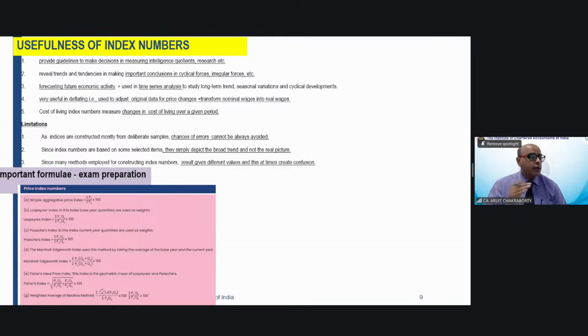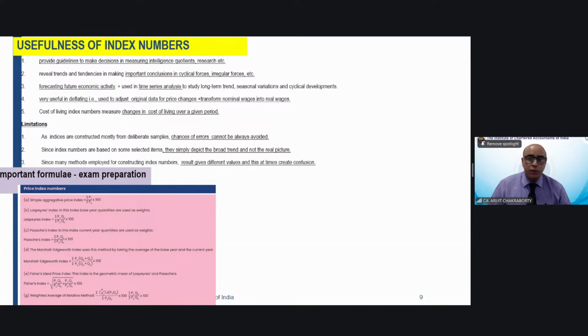Please remember for the last period index, base year quantity will be taken as the weights. Purchase index क्या होगा फिर? sigma PnQn divided by sigma P0Qn. That means here the current year quantity is taken as the weight.